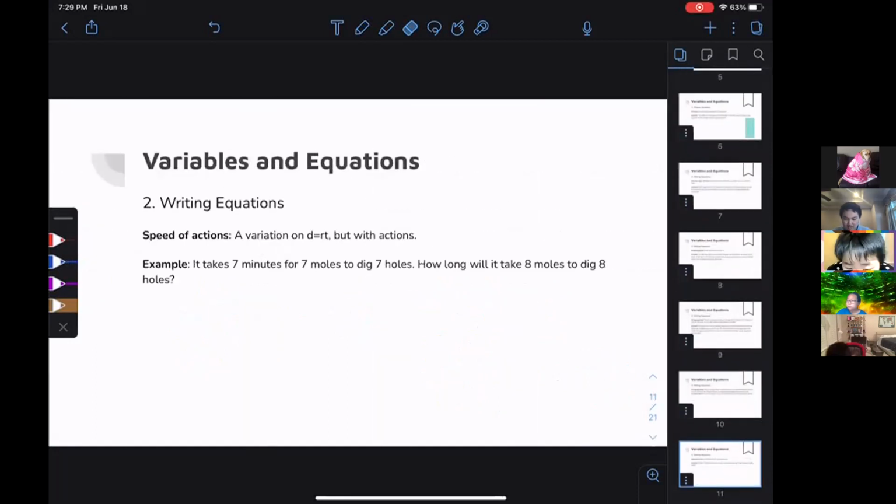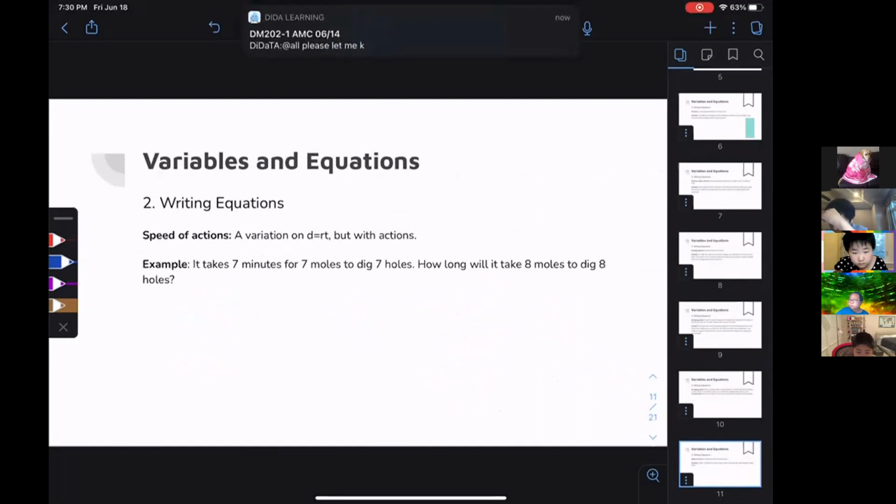Alright, so now that we've gone over average speed and basic distance equals rate times time, we'll look at a variation of it, but this time we throw in how many people are doing the work. So it takes 7 minutes for 7 moles to dig 7 holes. And you want to find out how long it will take 8 moles to dig 8 holes.